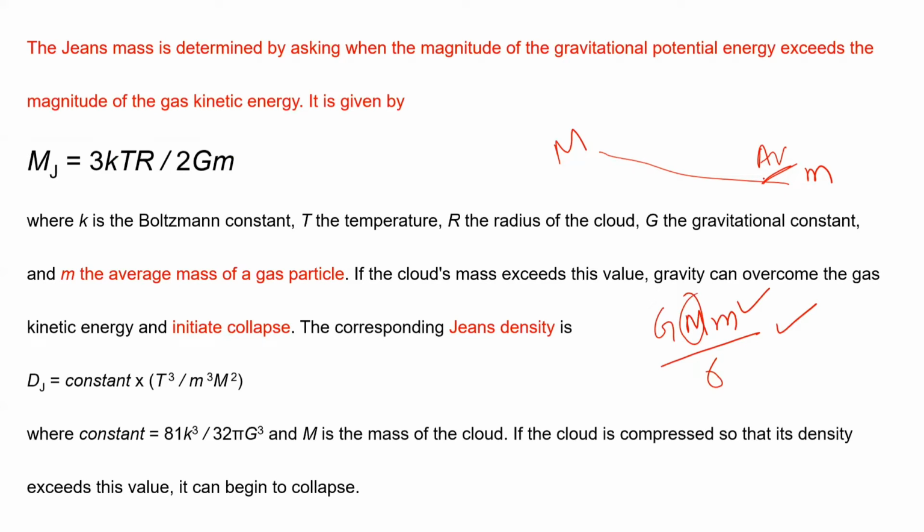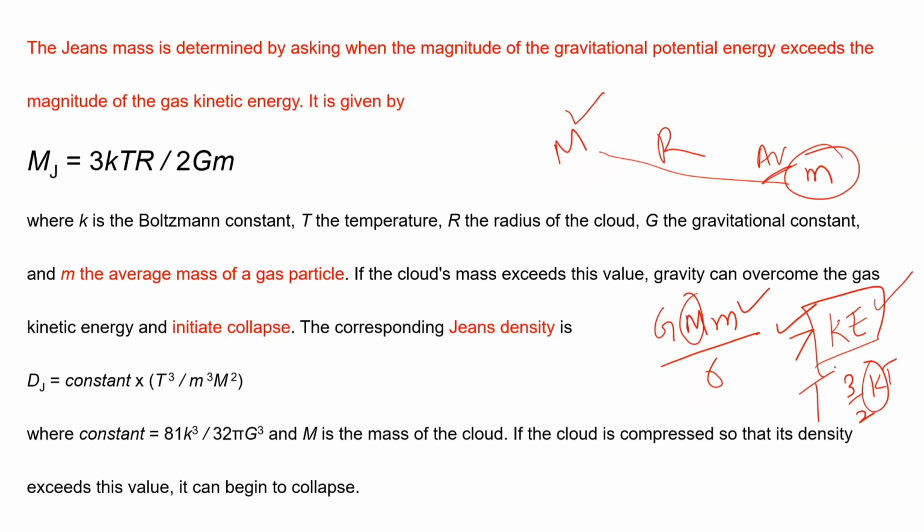And the separation, let's say this is the center of the gas cloud, and this is the outermost part of the gas cloud, so the distance between them is the radius of a spherical gas cloud. If we consider a spherical gas cloud, we can calculate its gravitational potential energy. So if the gravitational potential energy exceeds the thermal kinetic energy, which is due to the temperature present in any gas cloud, which we can calculate as 3/2 kT.